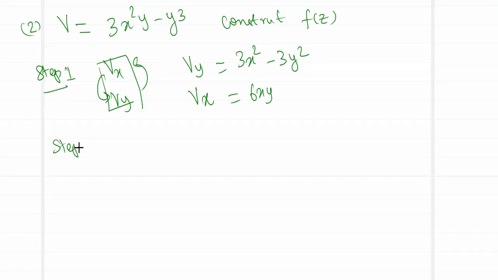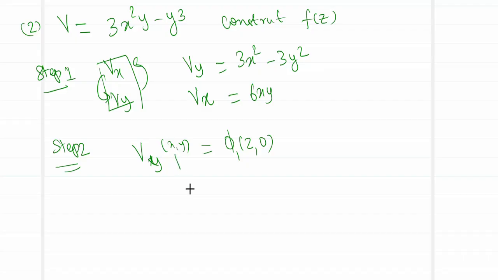What is going to be my step 2? Step 2 is the assumption: vy, which is a function of x comma y, has to be rewritten as phi 1 of z comma 0.